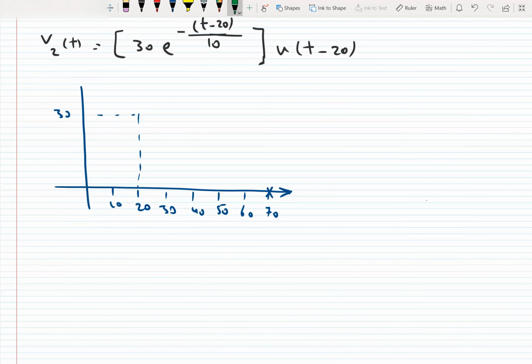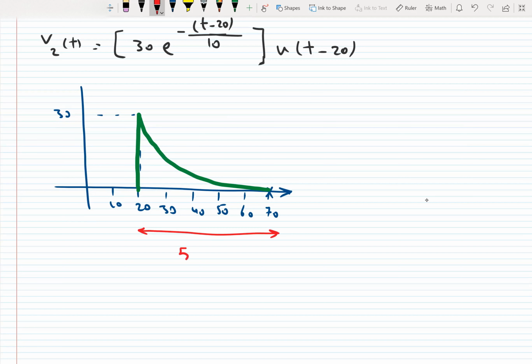So the signal is here. Notice that this time duration is 5 TC, which is equal to 50.